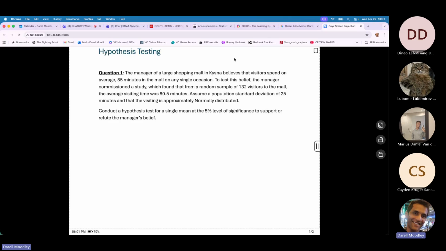Assume the population standard deviation of 25 minutes and that the visiting time is approximately normally distributed. All right. And the question is, conduct a hypothesis test for a single mean at the 5% level of significance.